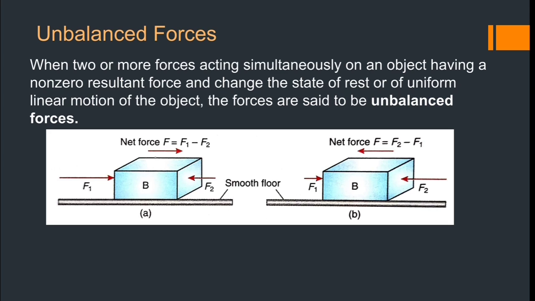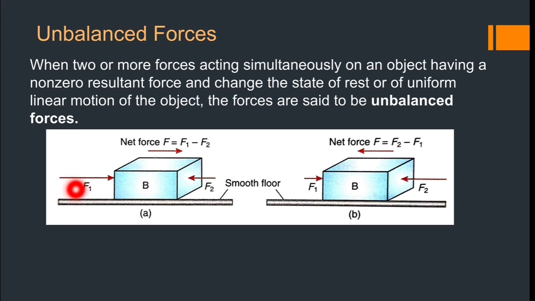In figure A, you can see that two forces F1 and F2 are acting on a block. From this figure, it is clear that the magnitude of F1, which is in the right direction, is larger than the magnitude of F2, which is in the left direction. Why?